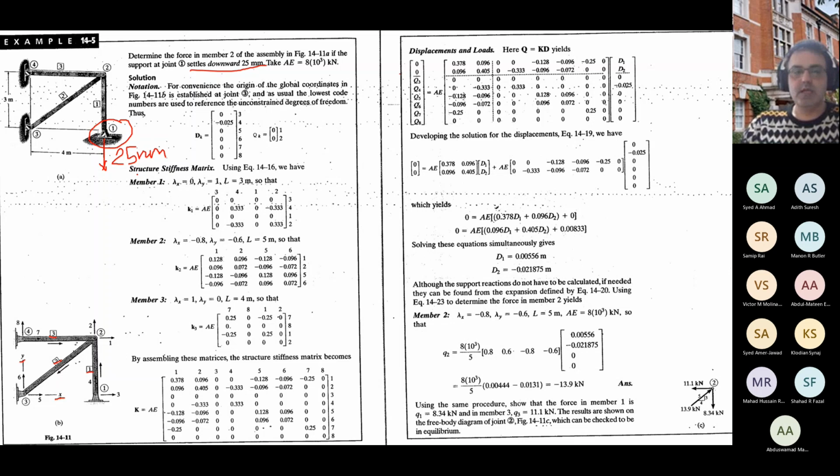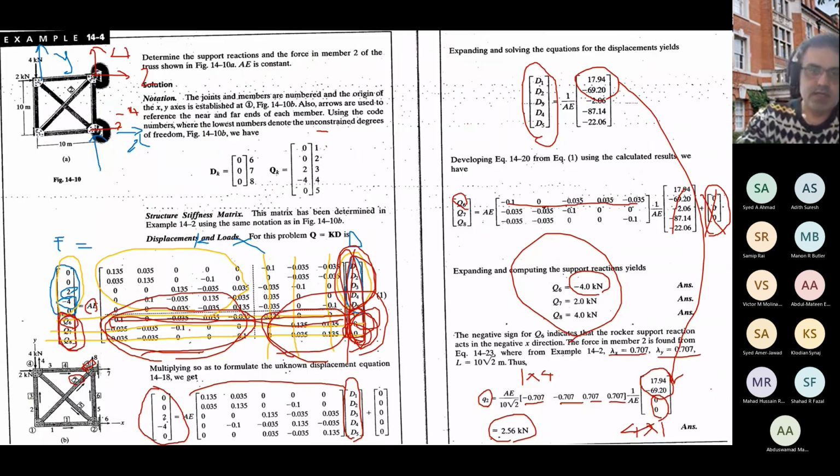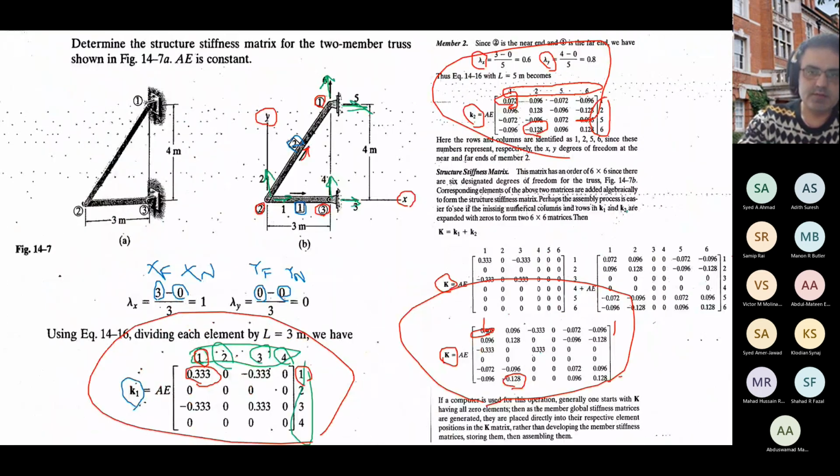So assembling the whole stiffness matrix is not very different from the previous example. You really need to assemble individual stiffness matrices for element number 1, 2, and 3 by calculating lambda x and lambda y for each one and putting them into the 4 by 4 matrix we spoke about here.